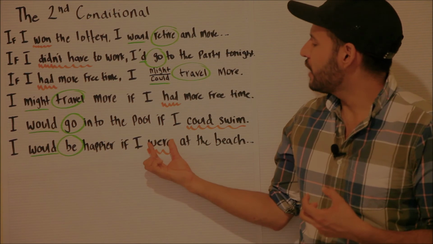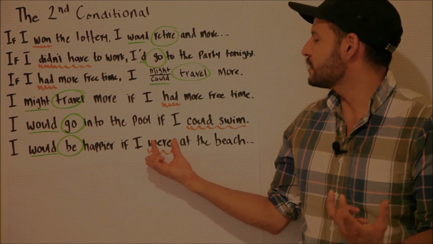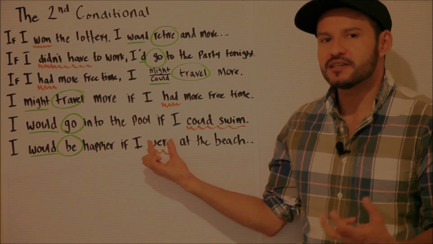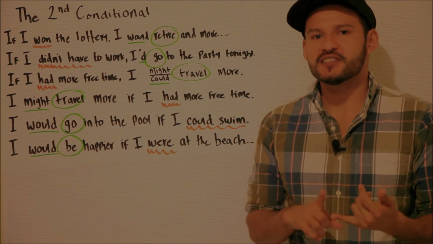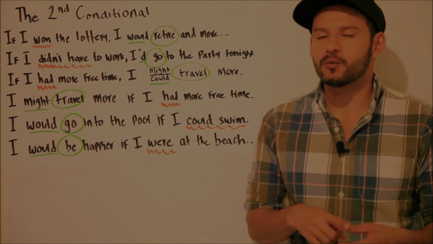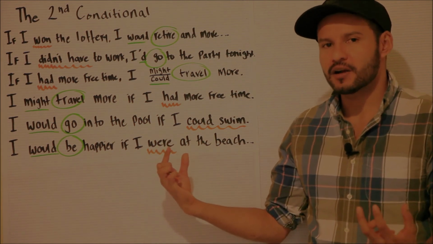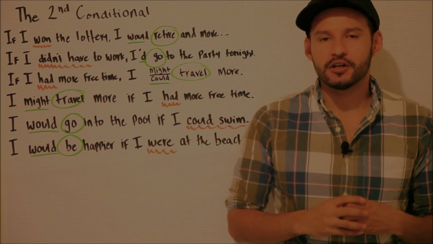So here, in formal English, the correct way to use the verb to be in the simple past is were, regardless of the subject. So it doesn't matter if it's he or she or it or I or we or you or they. The grammatically correct form is were for this particular structure.